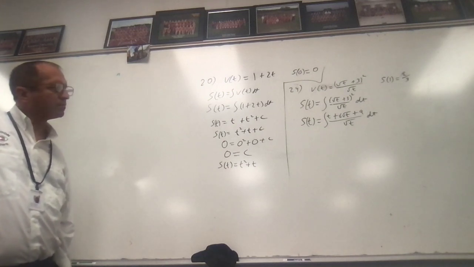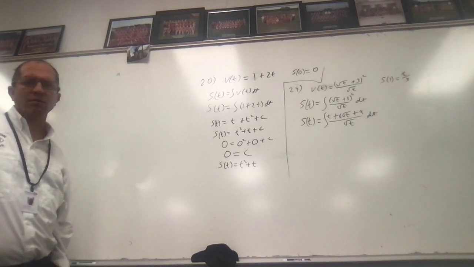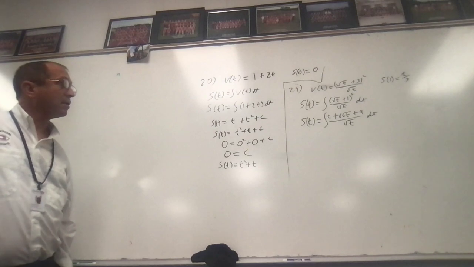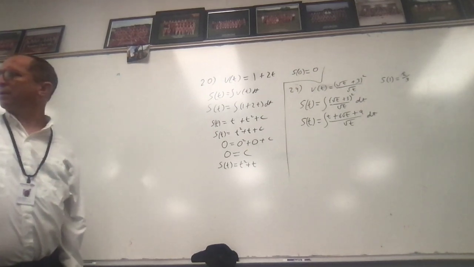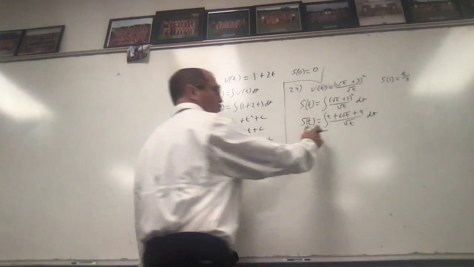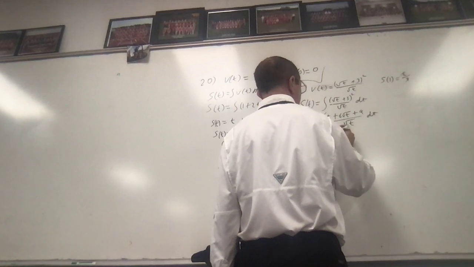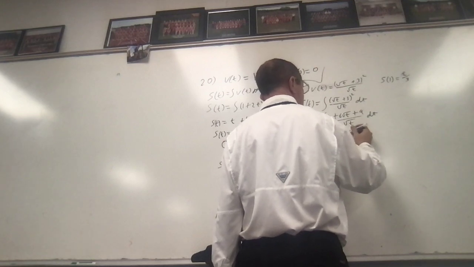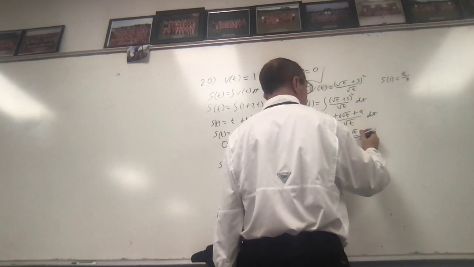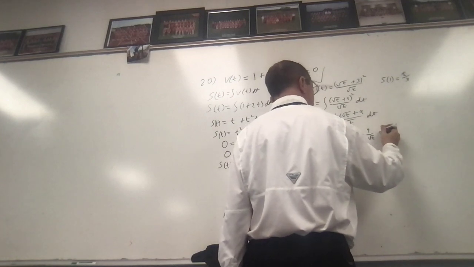Now, again, we've got a monomial in the denominator, and we haven't learned substitution yet. So I'm going to split this up into 3 individual terms. So s of t equals t over the square root of t, plus 6 square roots of t over the square root of t, plus 9 over the square root of t.